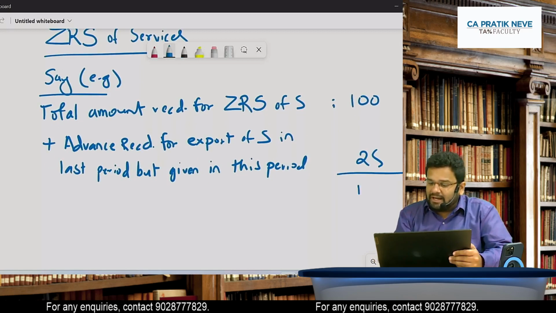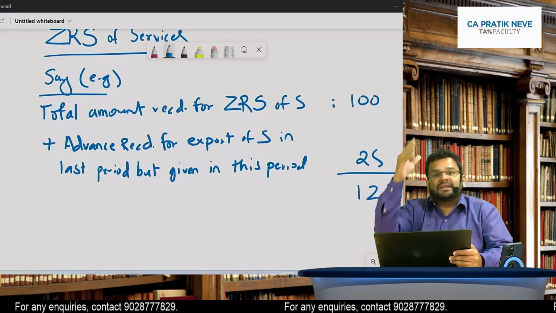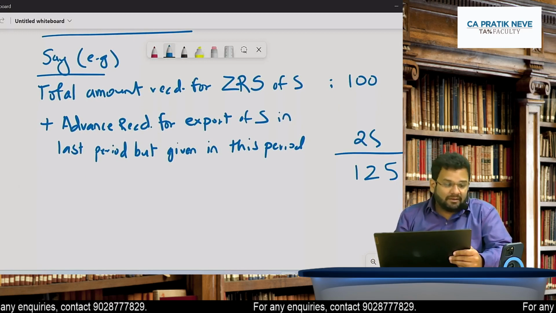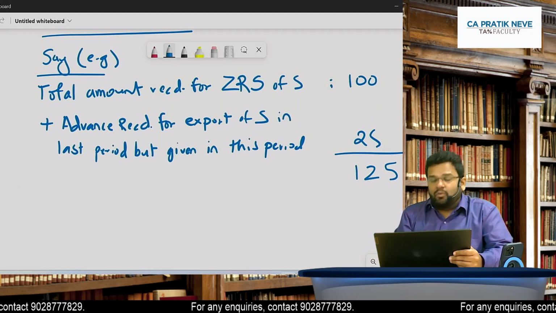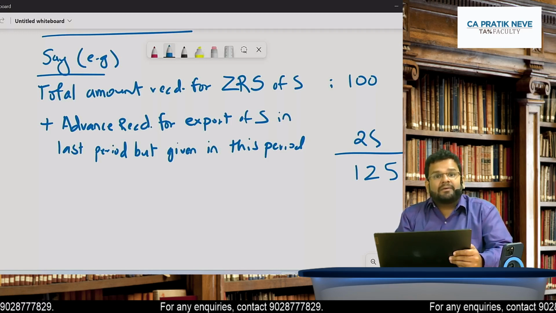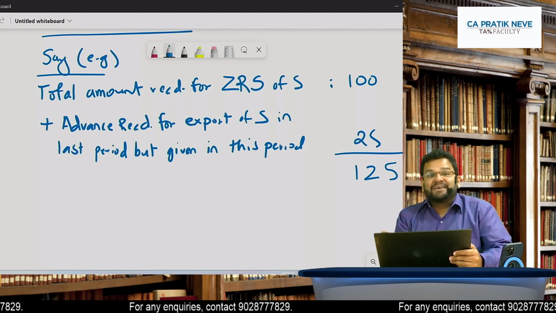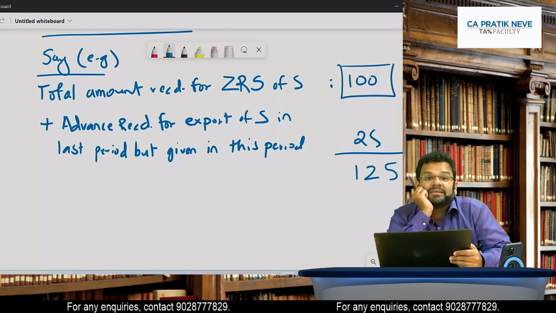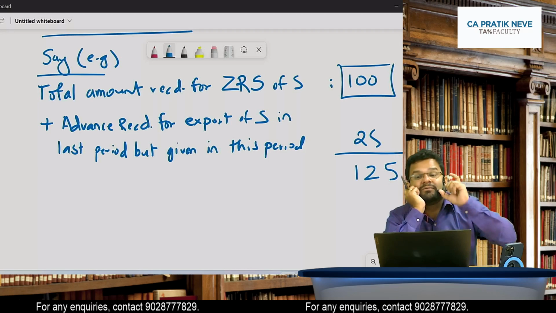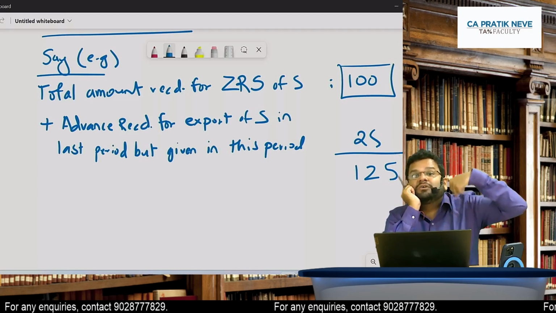Now can you settle at 125? You can't settle at 125. Why? Because this 100 might include something which is received in advance for service to be given next period.